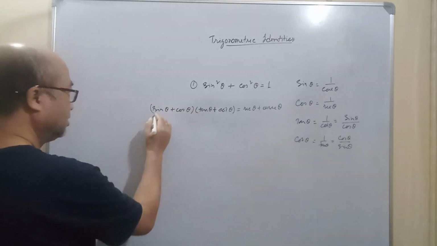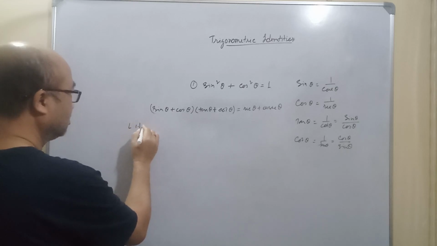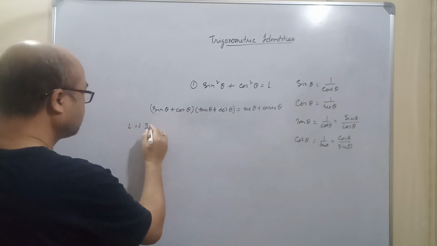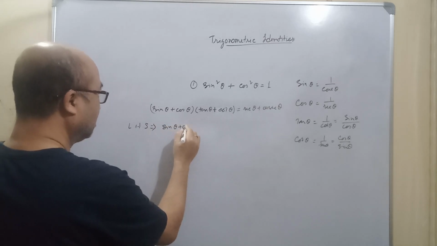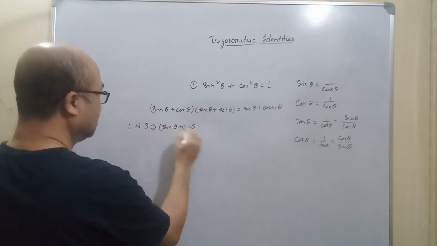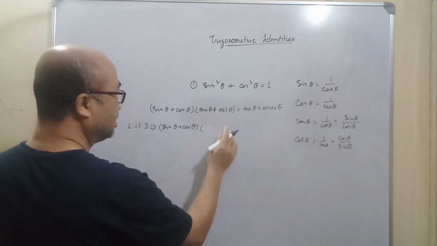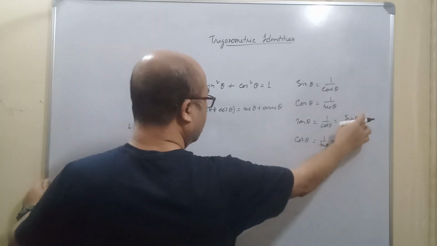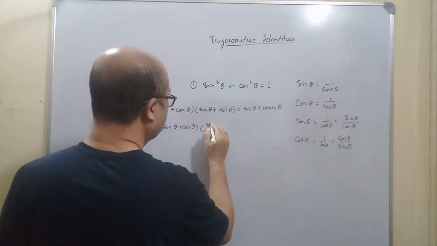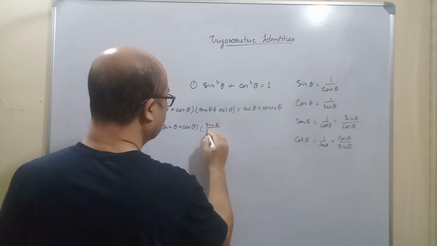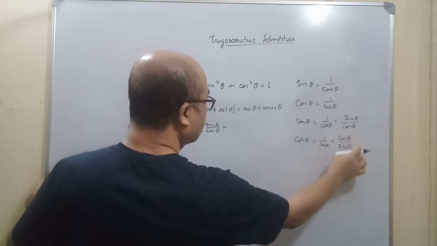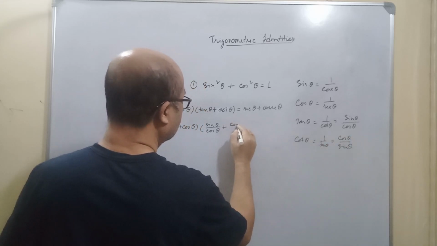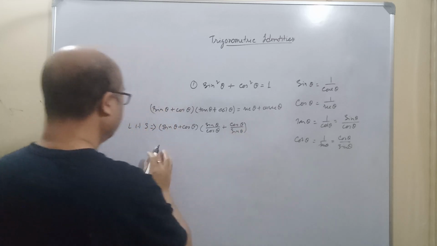So the left hand side, this one, can be written as sin θ plus cos θ. Tan θ is sin θ by cos θ. What is cot θ? Cos θ by sin θ.